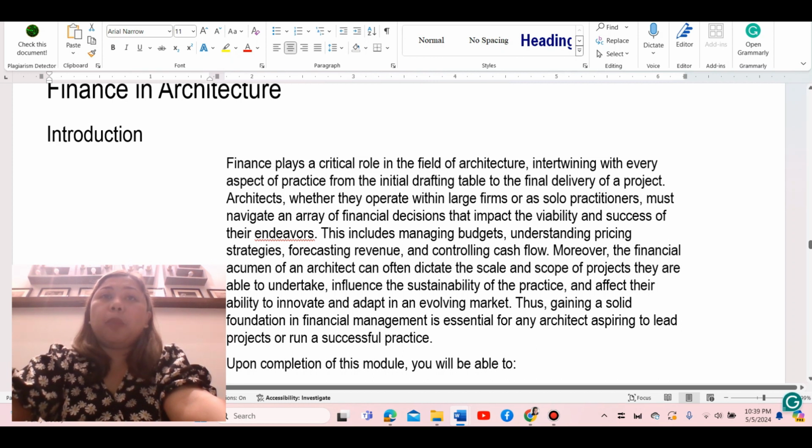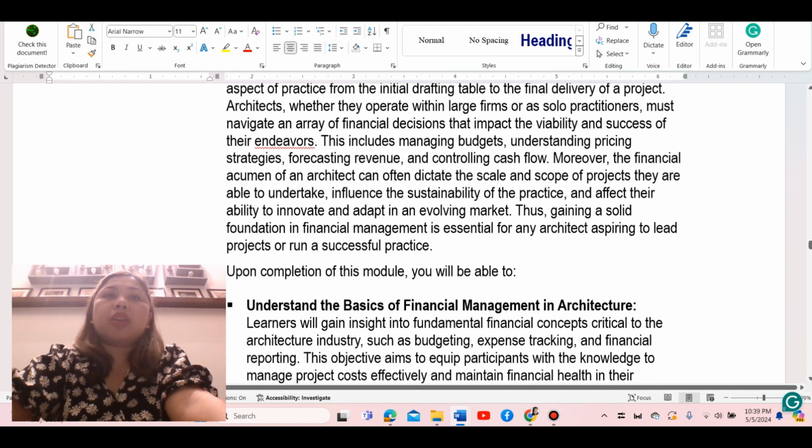Architects, whether they operate within large firms or as solo practitioners, must navigate an array of financial decisions that impact the viability and success of their endeavors. This includes managing budgets, understanding pricing strategies, forecasting revenue, and controlling cash flow.